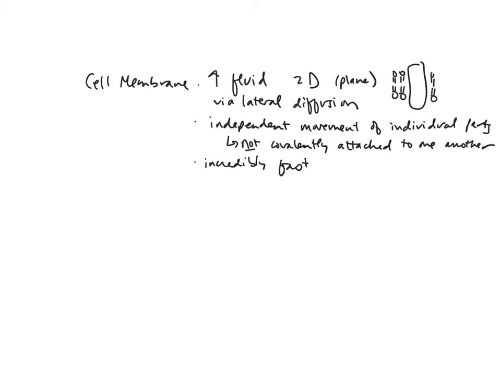And so this provides a bit of a problem. As you may recall, one of the functions of the cell membrane is as a meeting place, where different enzymes in a biochemical pathway might all meet at the membrane. This doesn't really work if everything's moving around independently at really fast rates. How can you possibly have a meeting?